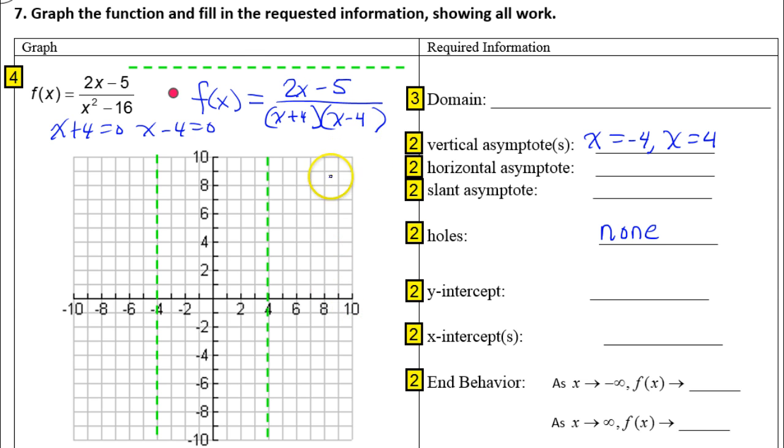Even before I graph it, I know that the function is going to run from negative infinity to positive infinity, except for the vertical asymptotes. And it would be the same if there had been any holes. So I know the domain will be negative infinity to negative 4, union negative 4 to positive 4, union 4 to infinity.